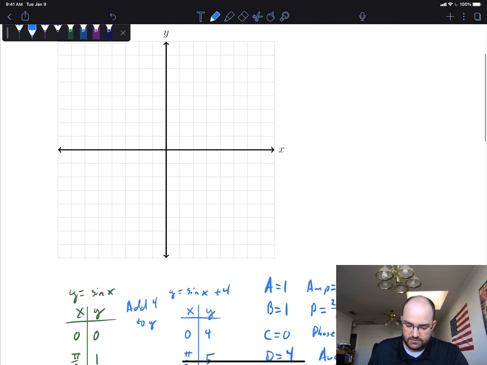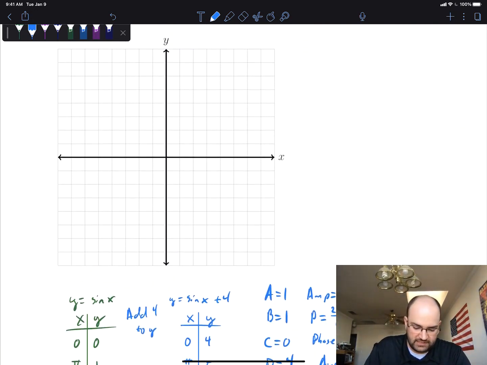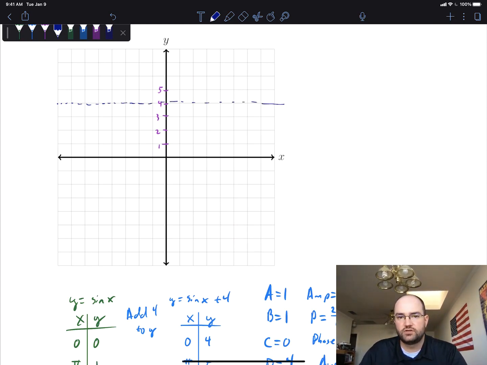Now, notice that that is something I can take advantage of here. So if I make each of these 1, 2, 3, 4, 5, if I want this to be an average of 4, I can do a horizontal dotted line here. That's the line about which this function is going to oscillate.